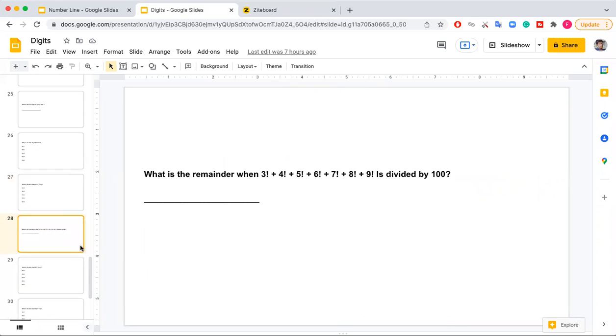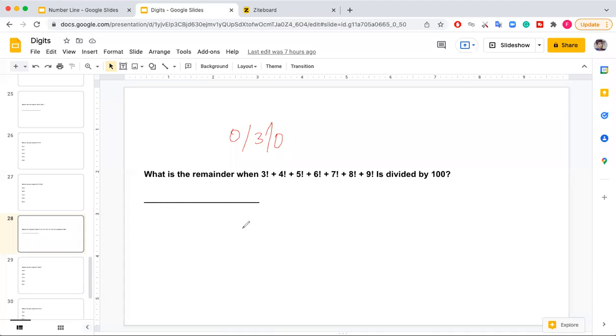Quickly tell what is the answer to this question. 0. Any other answer? 3. 0.